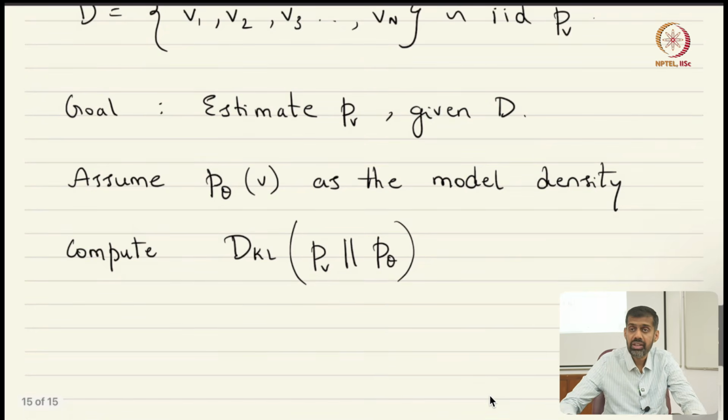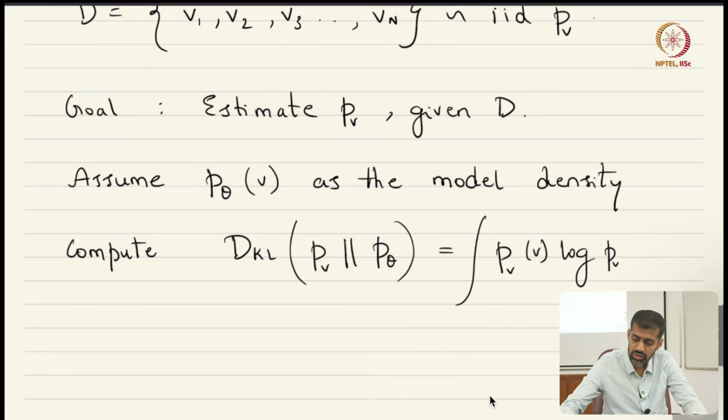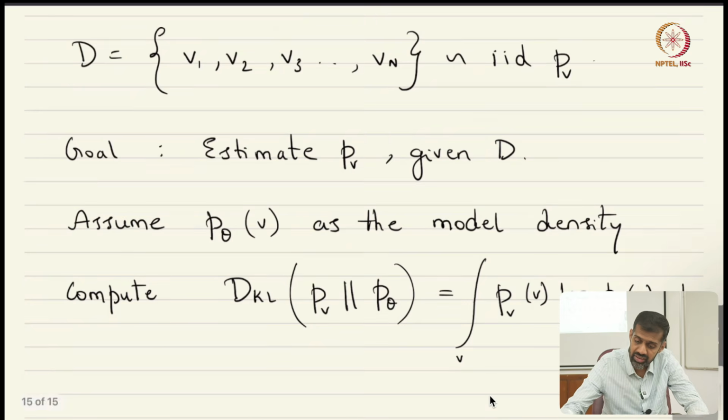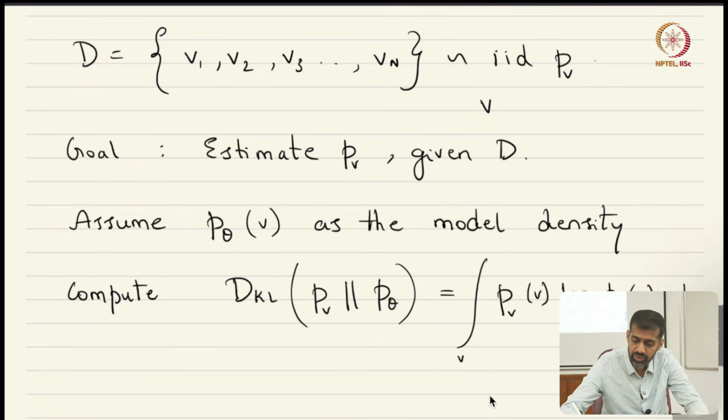By assuming that we are dealing with continuous random variables, this is given by the integral of PV log PV divided by P theta evaluated at V, and you have dV here, and this is over the space that these random variables are defined. Let us assume that all the Vi's are in some d-dimensional real space.